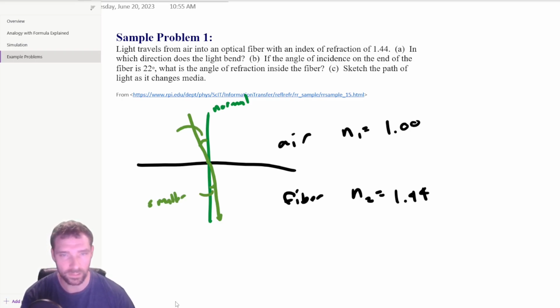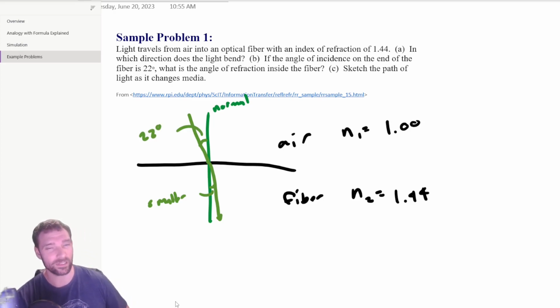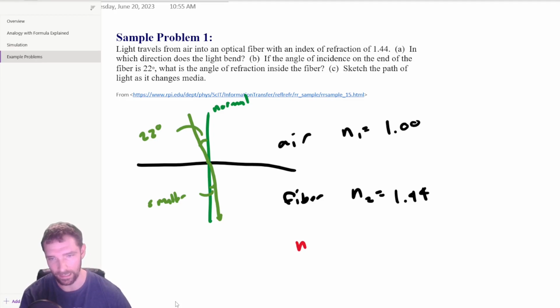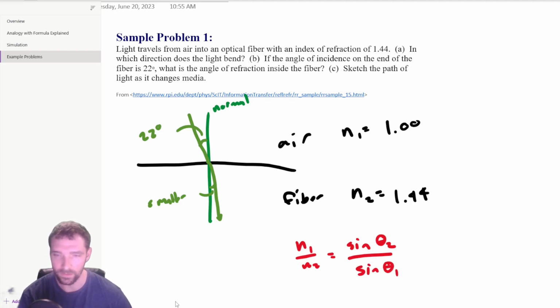So this was 22 degrees. And I can see that this should be smaller. So I conceptually know that I should be getting a smaller value here. And then if we think back to our formula, we had that n1 over n2 is equal to sine theta 2 over sine theta 1. So we can start plugging in these numbers and conceptually thinking about what's going on here.